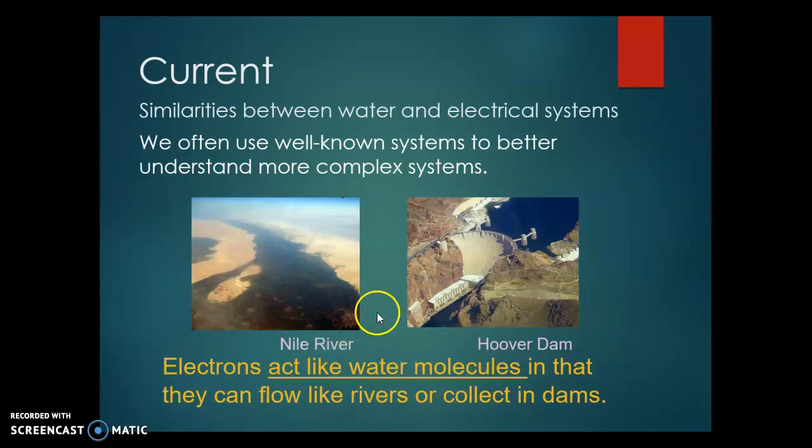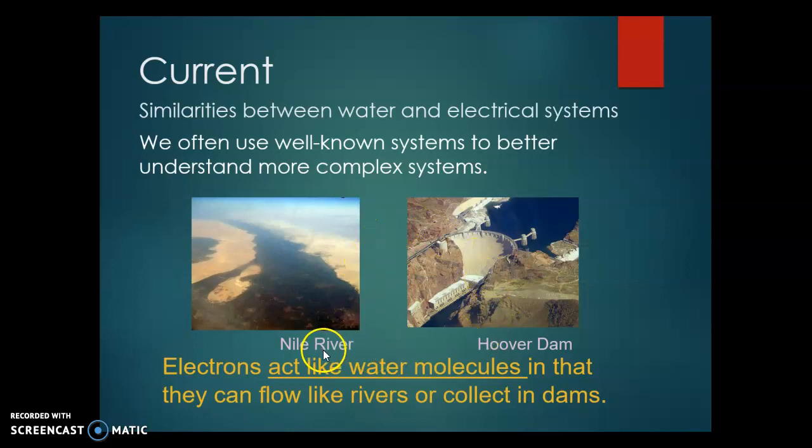The water goes from south to north. It flows in one direction. Okay. While we have here the Hoover Dam in Nevada, you have the water being blocked by this concrete dam. It's not flowing easily. If this dam wasn't here, this water would be flowing through. But unfortunately, this dam is preventing that flow.